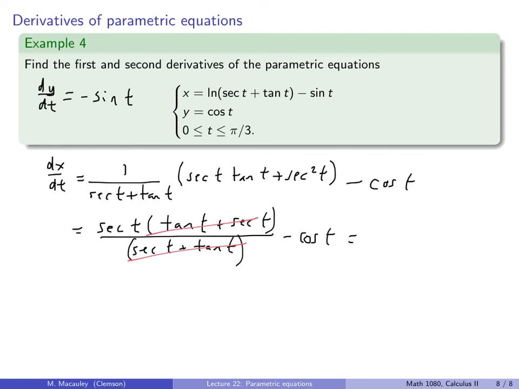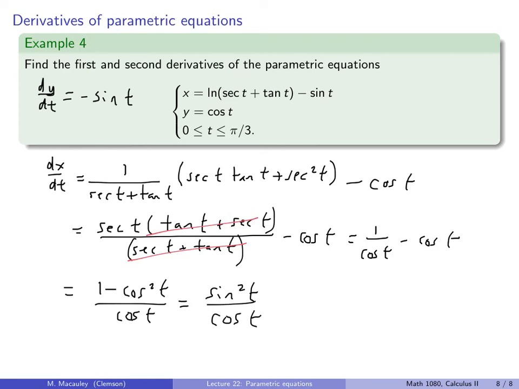So this is 1 over cosine of t minus cosine of t. That's going to simplify to 1 minus cosine squared of t, combining those fractions like that. And now I can write this as sine squared of t over cosine of t. So that is dx/dt.